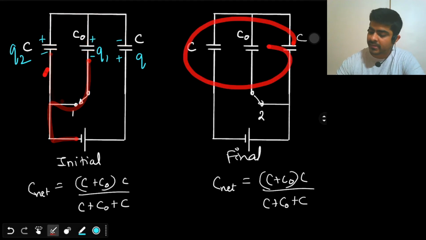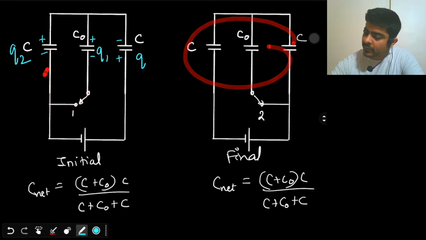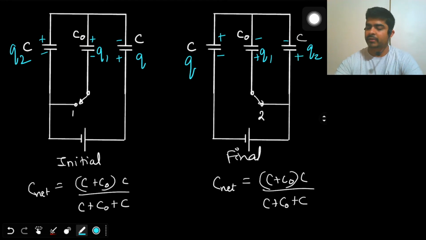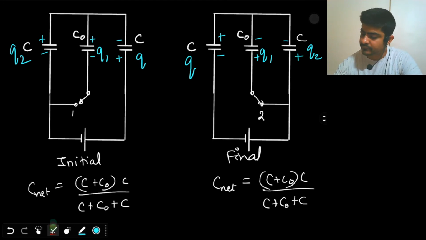Since both circuits are identical, now this capacitor will get Q charge but with reversed polarity. Then here we have Q1 charge, positive and negative, and Q2 charge, positive and negative.